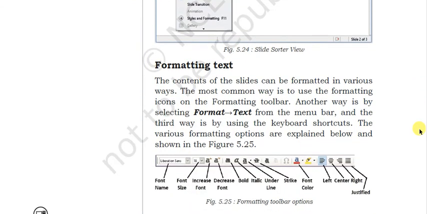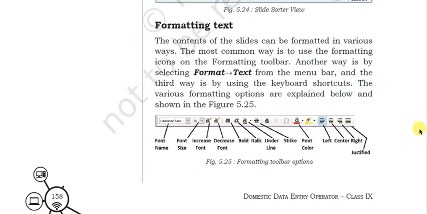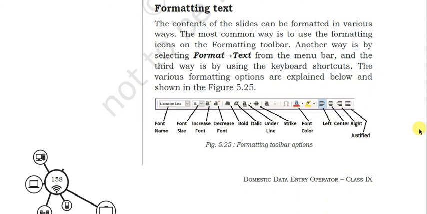Then we come to the next part. This is formatting text. How to format the text? These things we have already covered in the previous two softwares, Writer and Calc. To change the look and feel of a text, that is called formatting.